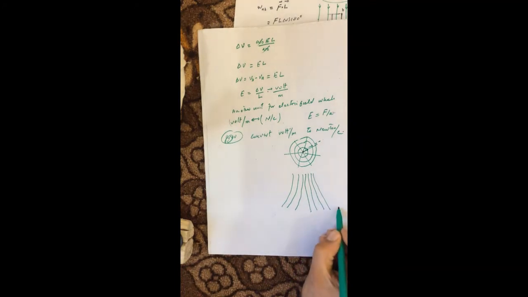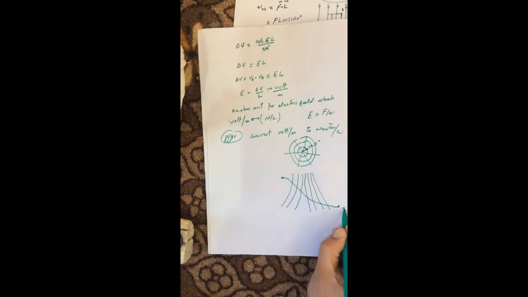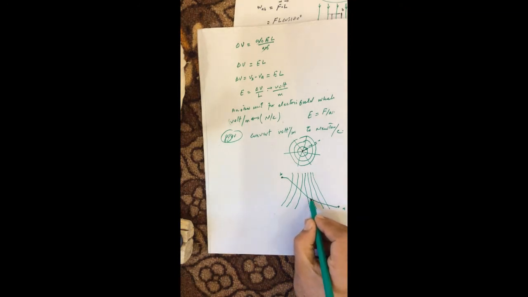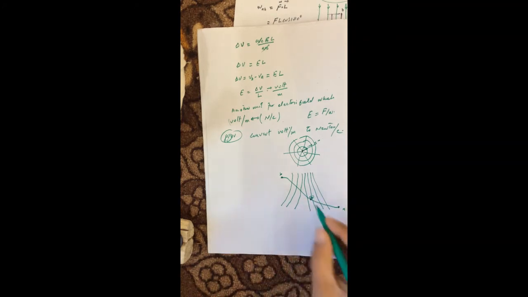Suppose we are moving a test charge from point A to point B through this non-linear path. Now, suppose the charge is somewhere here. This is the test charge, a positive charge, Q naught.